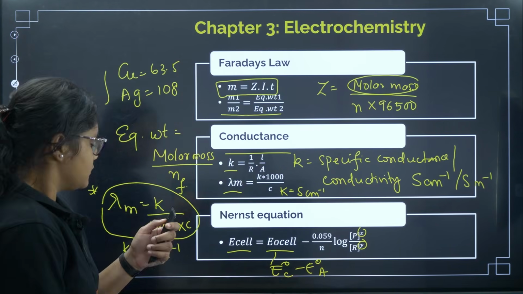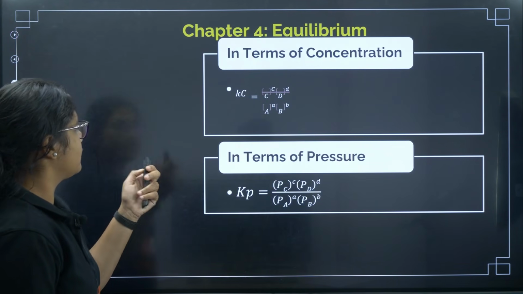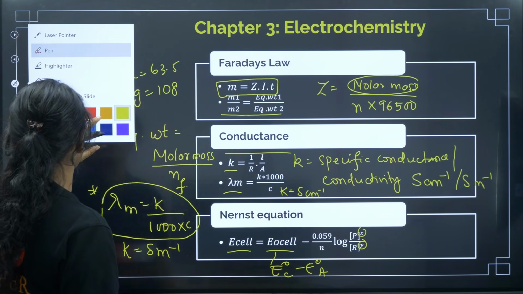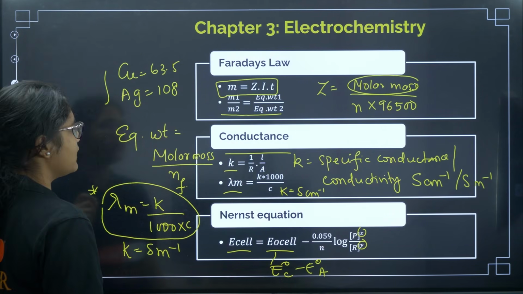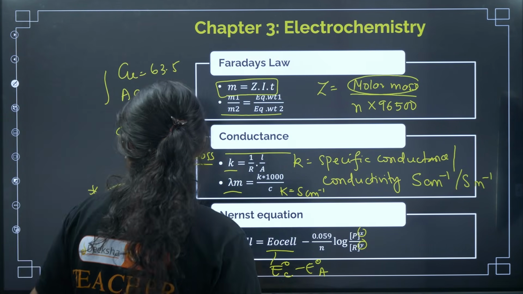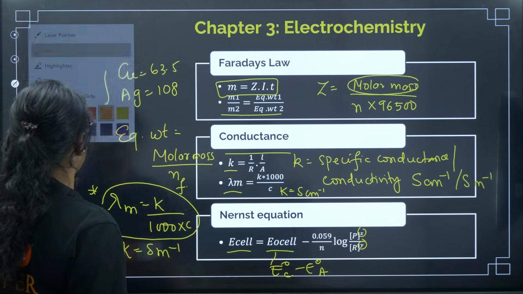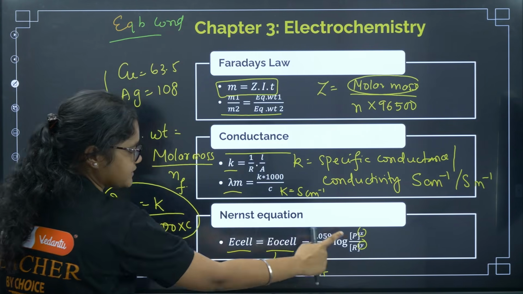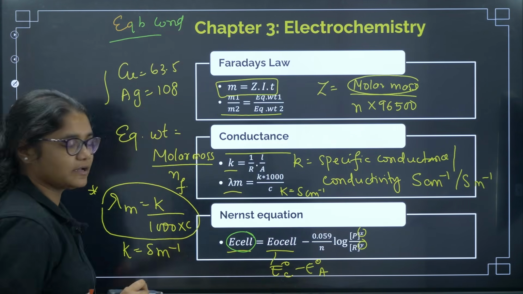Now let us see, here we have to add some more formulas. 2 more important formulas I will tell you. One is for equilibrium conditions. Under equilibrium conditions, in the Nernst equation, E of the cell becomes 0.